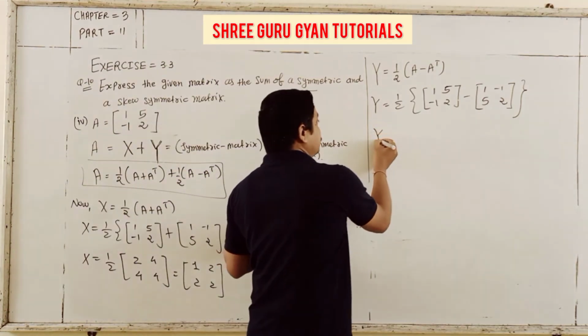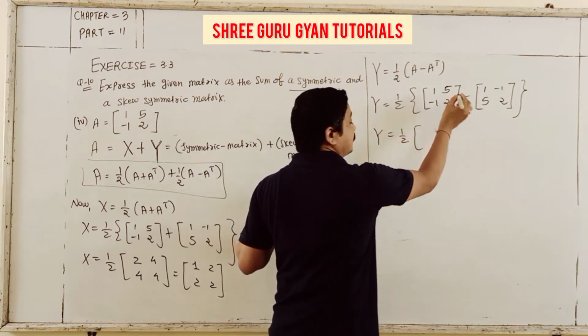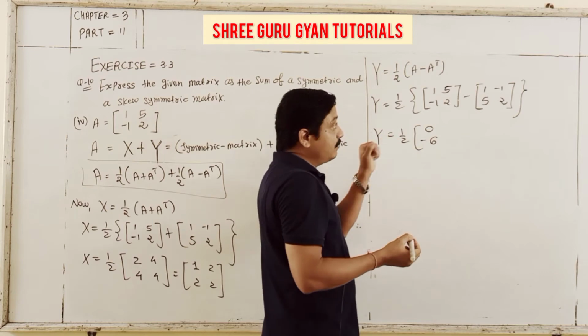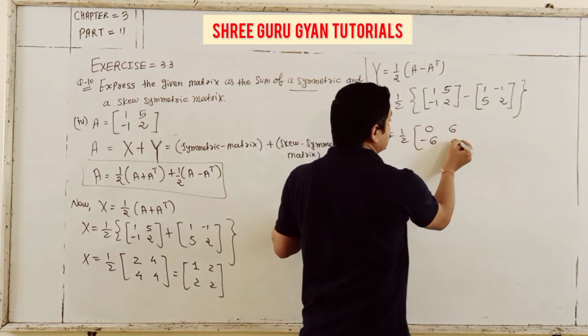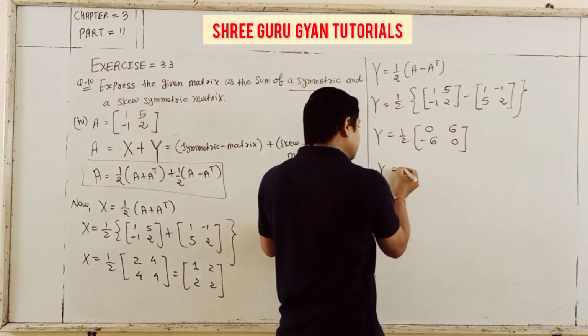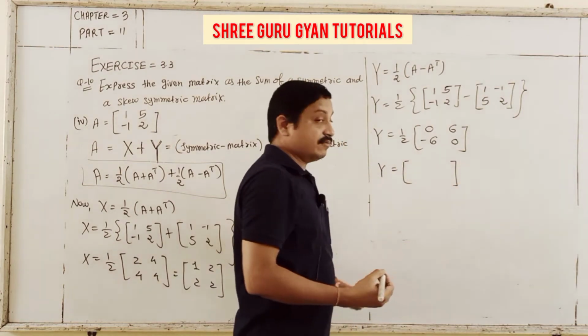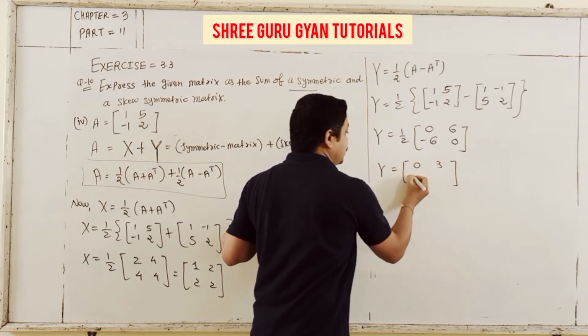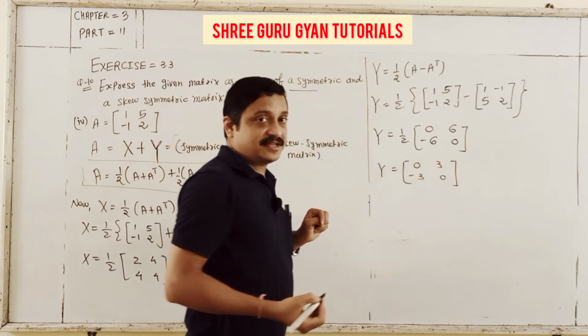So Y becomes very easy: 1 minus 1 is 0, minus 1 minus 5 is minus 6, 5 plus 1 is 6, and 2 minus 2 is 0. So my answer is just divided by 2. So 0 3 minus 3 0.